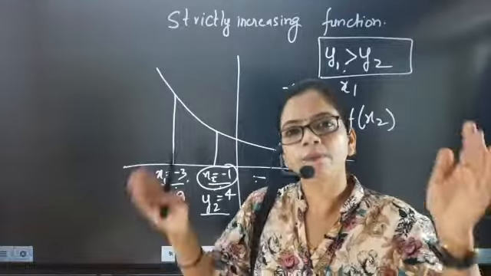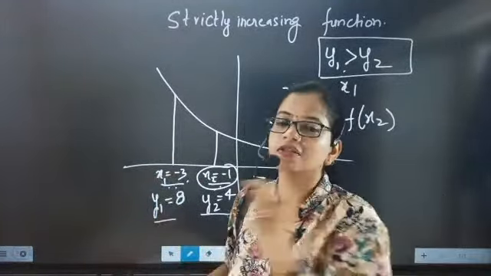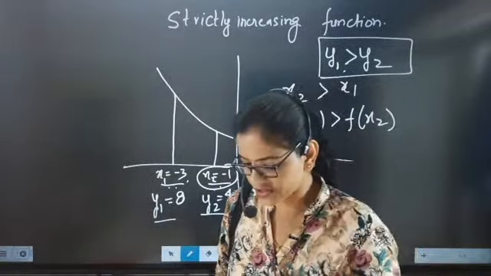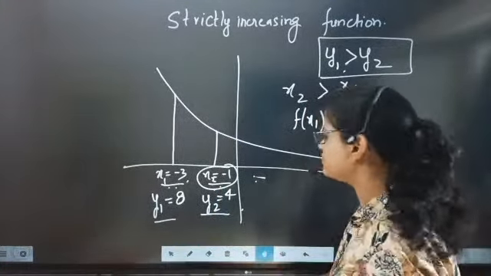And in a particular interval, if with increasing value of x the value of y also increases, then it is called a strictly increasing function. Then it is called what beta? Strictly increasing function.